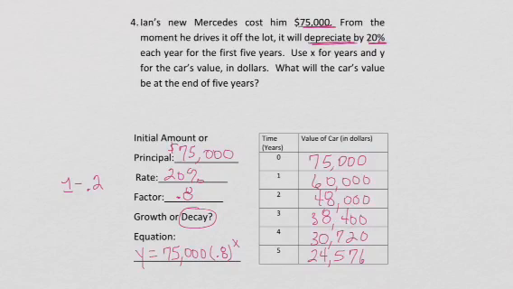If you put that in your y equals and then press second graph, you can go to the table and get these amounts out of your table, or you can replace the x in the exponent position with the number of years you want to find out as far as the value is concerned. And at the end of 5 years, that value has decreased all the way down to $24,576.